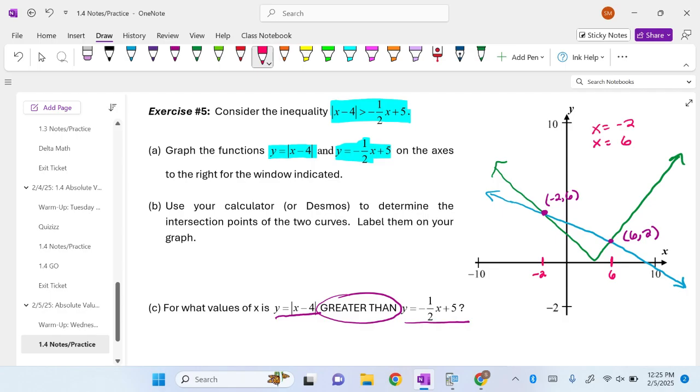But where on the graph are the values for my absolute value graph, the green graph, greater than the values for the blue graph? In other words, what x values would make the y values of the green graph higher than the y values of the blue graph? Where would it kind of be shaded between?